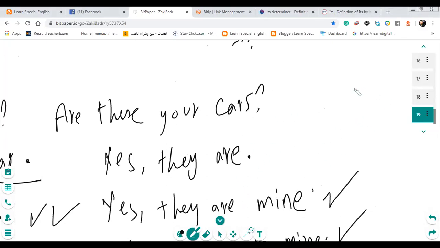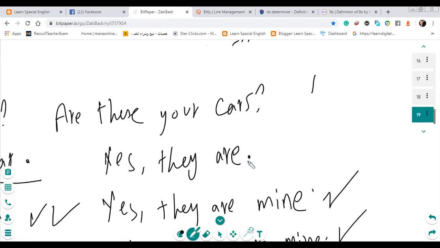As long as we use a possessive determiner, we should use a possessive pronoun if you wish. Are these your cars? Yes, they are what? This is incomplete.